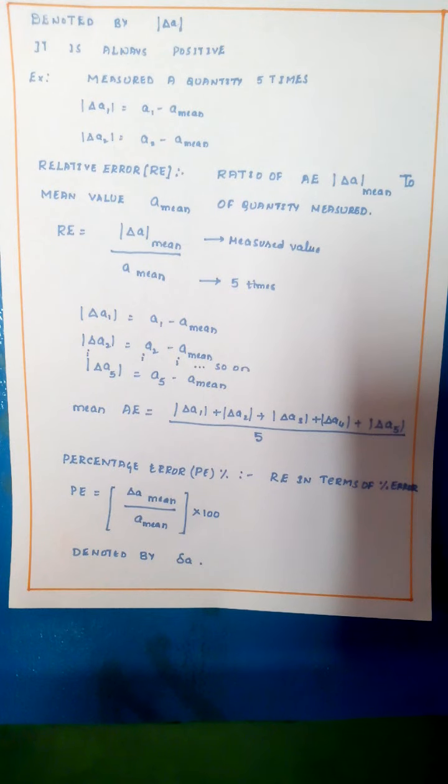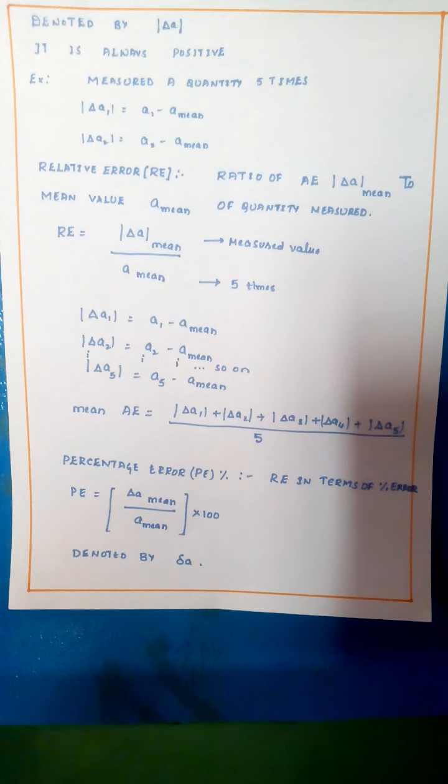If I want to check the imperfectness in the first reading, I have to calculate delta A1. Delta A1 is equal to the first reading minus the mean of all 5 readings, A1 minus A mean.